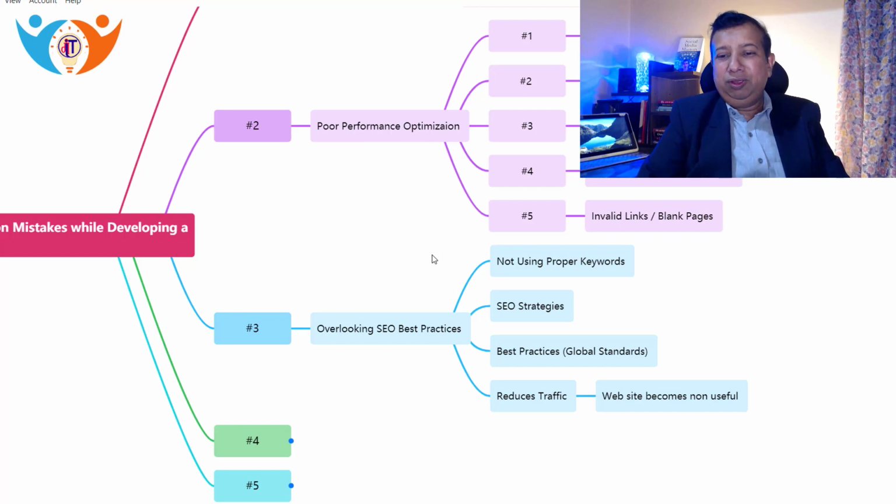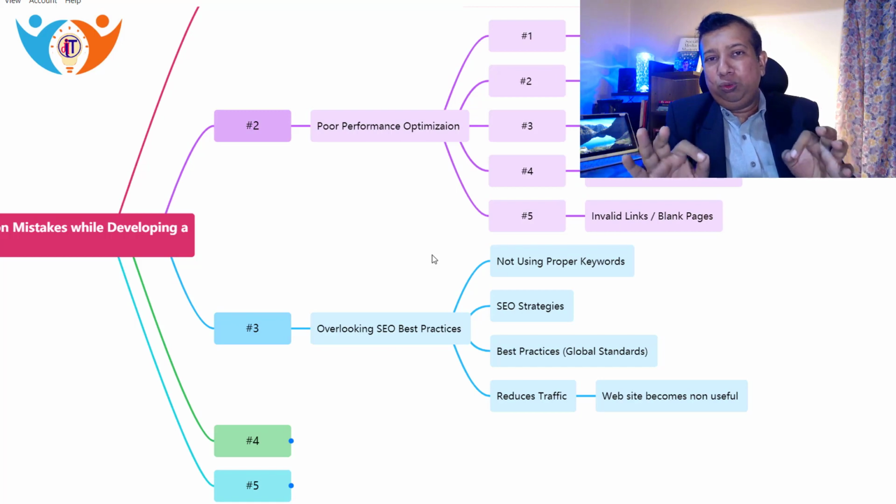And the last one, if you're not using SEO, what happens? People cannot come to your website. If someone types your business name in Google, your website should appear. Then only people will come to your website. If you are not using these SEO strategies properly, people cannot come to your website, so it will reduce the traffic. And ultimately, if people are not coming to your website, that means your website is of no use.